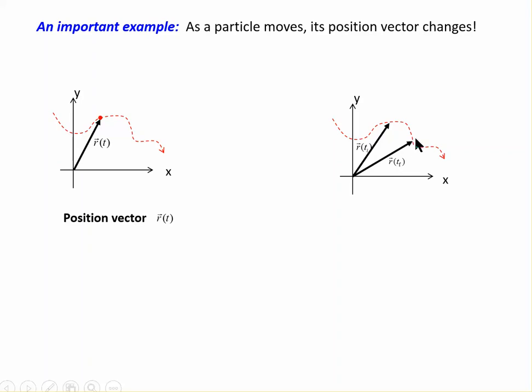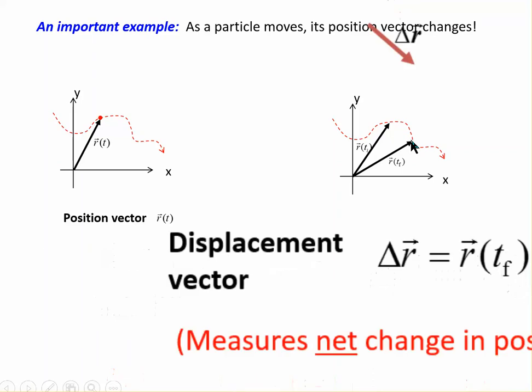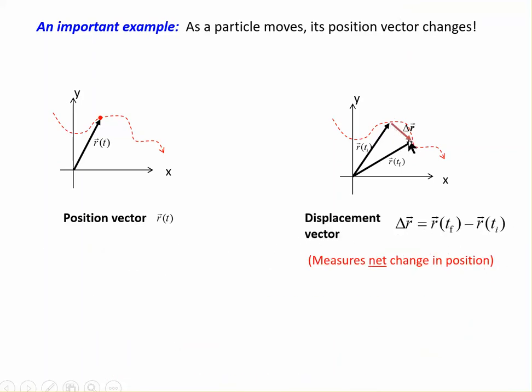The net change in the position vector went from here to here. What I've drawn here, this red vector, is the difference between the two vectors, the final vector minus the initial, and I called it delta r. It's called the displacement vector. It tells me the net change in the position of the particle.